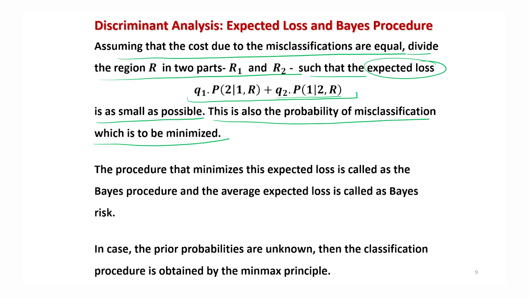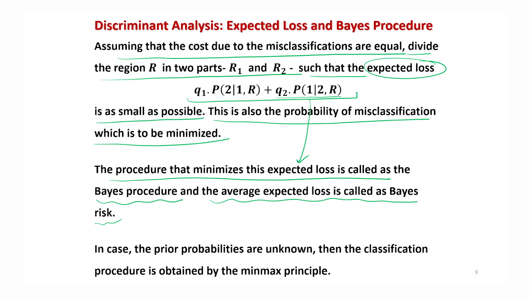Then we have certain mathematical procedures and we conduct a statistical analysis, and the procedure that minimizes this expected loss is called the Bayes procedure, and the average expected loss is called the Bayes risk, right.